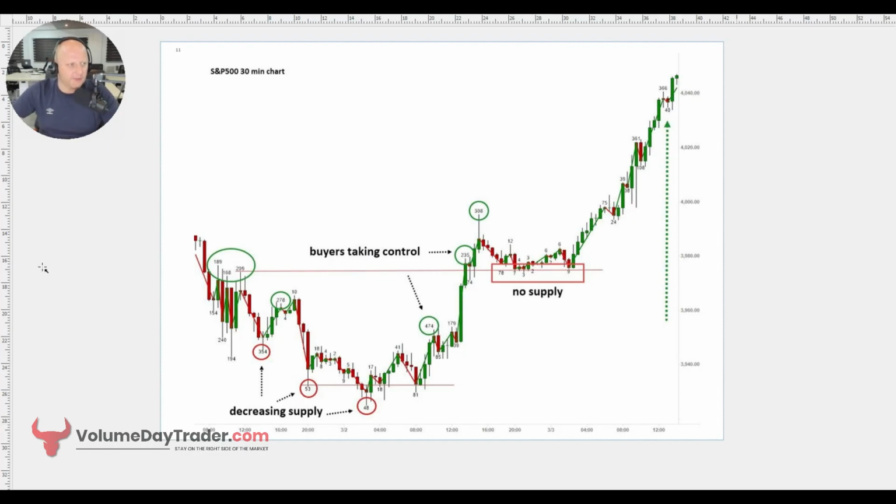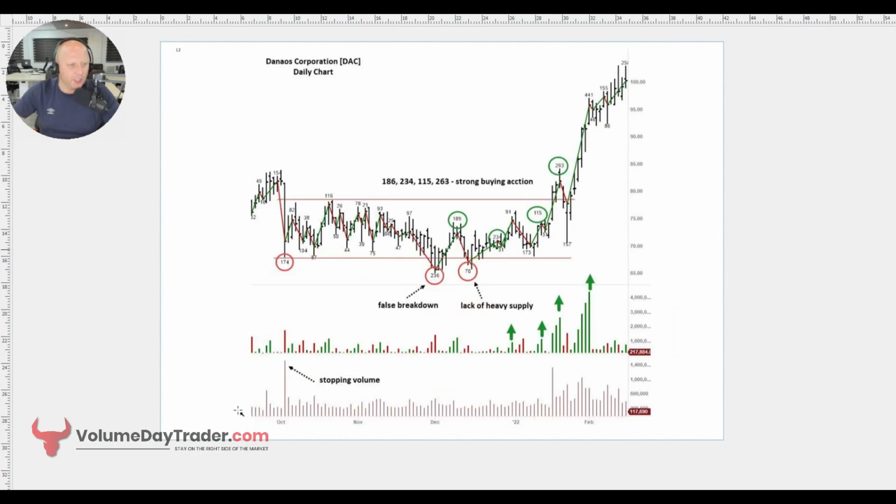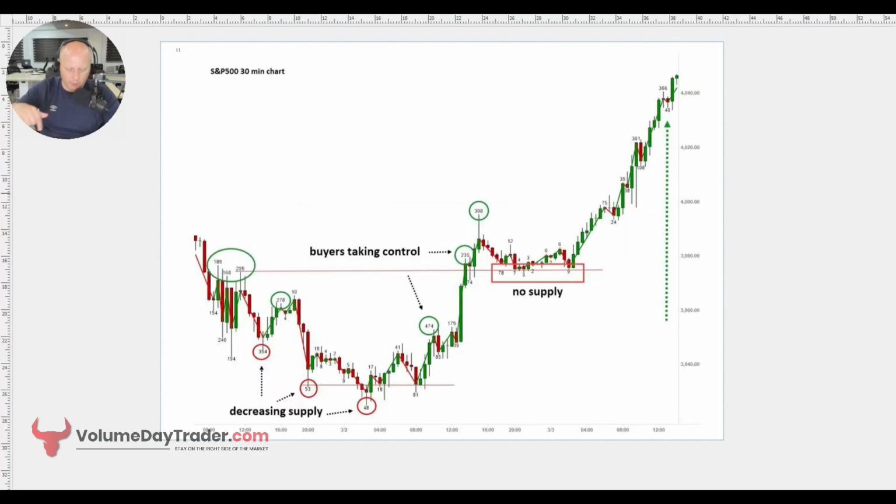A good example is here on the next chart: you see a very wide candle and big spike volume, but we will shortly go to another chart, so that's just an example.